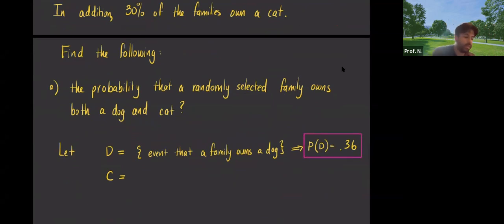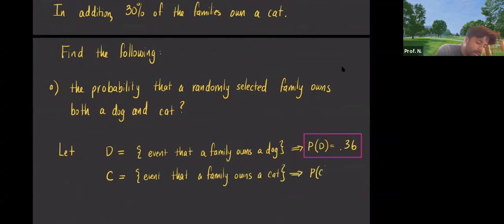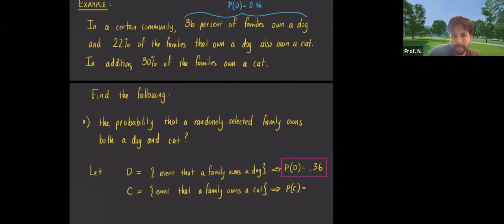So we have our first piece of information, and then what follows is that the event that a family owns a cat is the probability that C occurs. And what is that probability? .22.